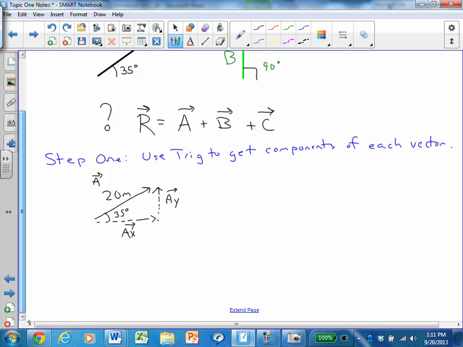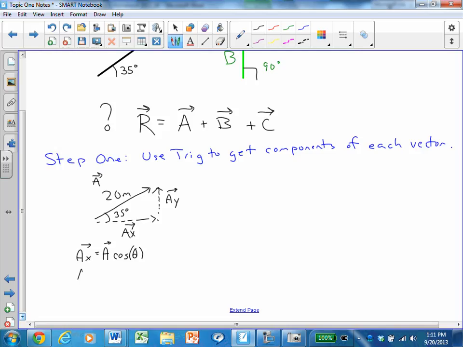So, anybody remember the formula for AX? Well, it's on your reference sheet. On your reference sheet, it says Rx equals R cosine theta. So in this case, AX equals A cosine theta.